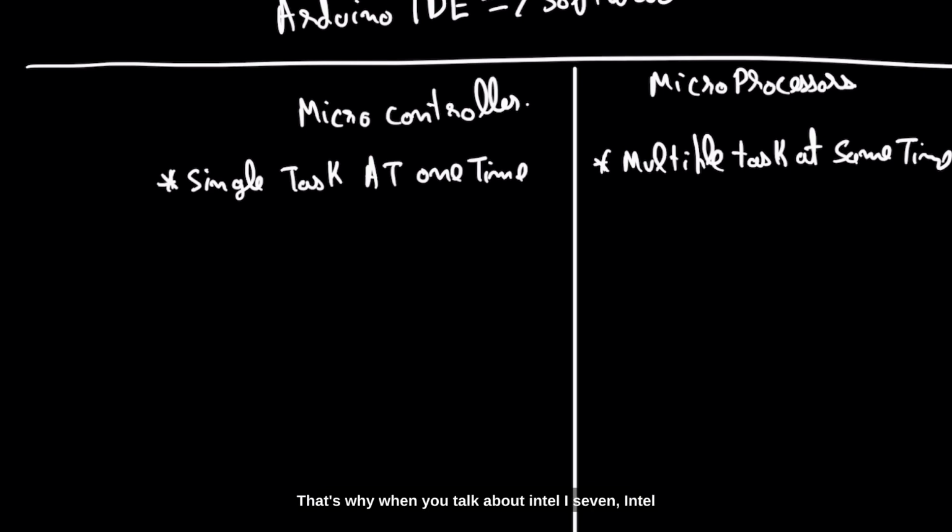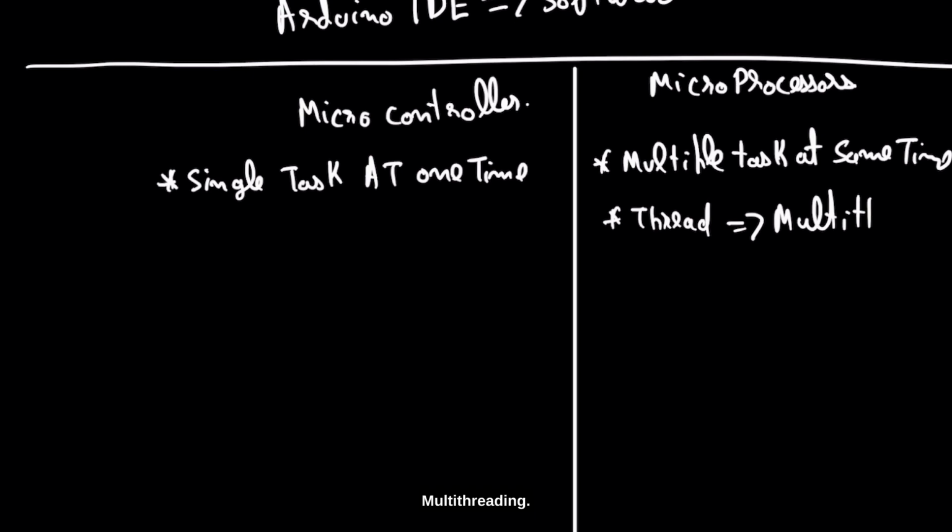That's why when you talk about Intel i7, Intel i5, Intel i3, all of these are microprocessors. They can handle multiple tasks at the same time. Now, when you're talking in terms of electronics, you don't say it as a task. You say it as a thread. A thread is nothing but a task. But when you have multiple threads, your processors are also known as multi-thread processors or multi-threading processors. Multi-threading.